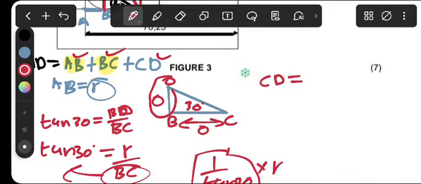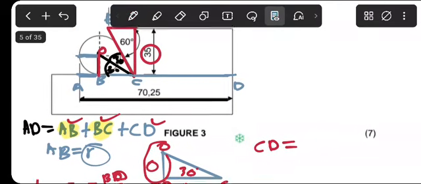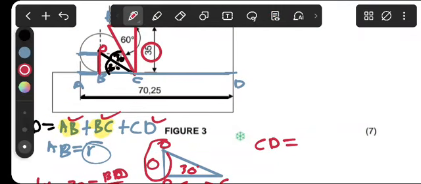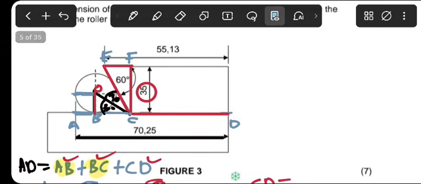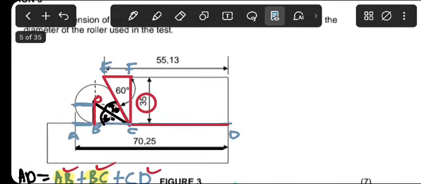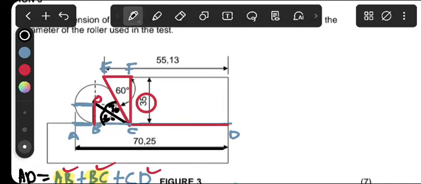All right, let's check on the diagram. CT is this portion. I'll highlight it, from there until there, so you can see. So how can we go about this? We have the total length.